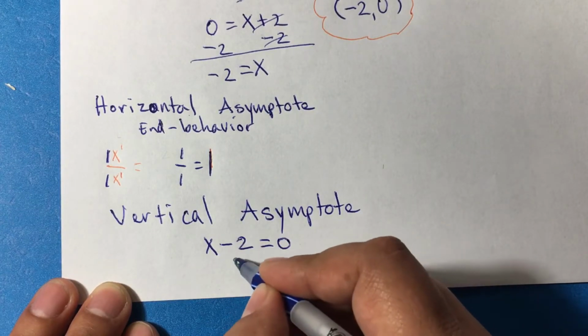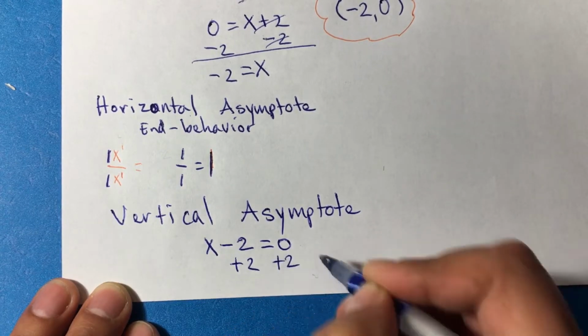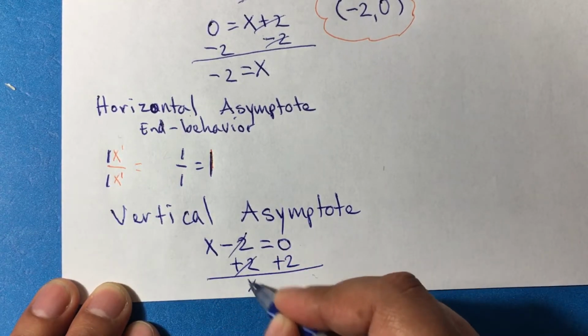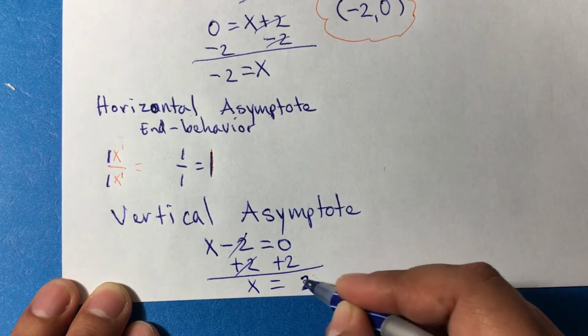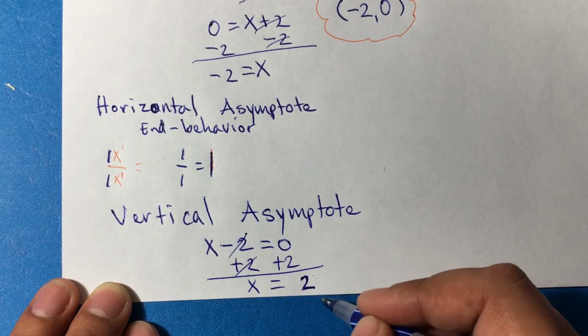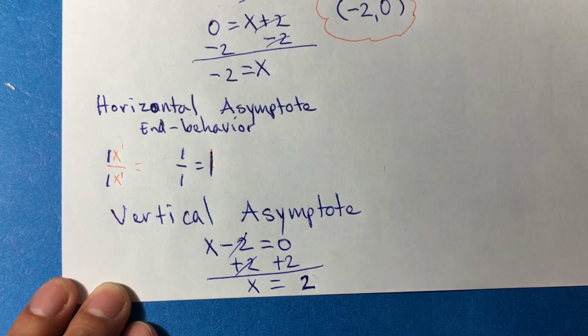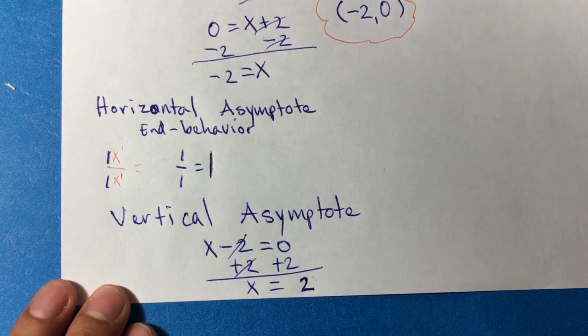If I have minus 2, I'm going to add 2. And so x is equal to 0 plus 2, which is 2. And that just means that x cannot be equal to 2 because we can't have 0 in the denominator. Otherwise, that's undefined. Okay?